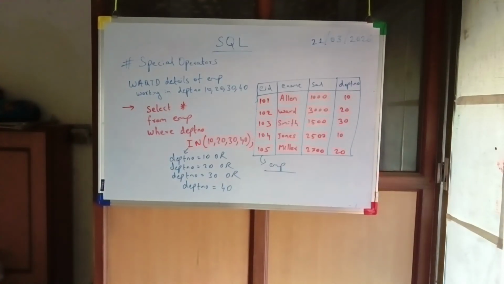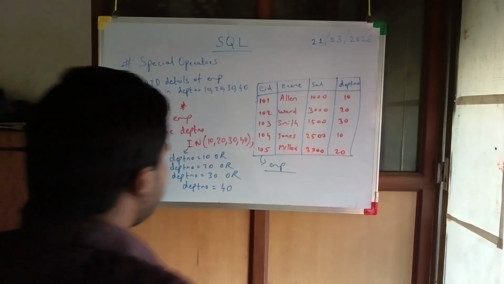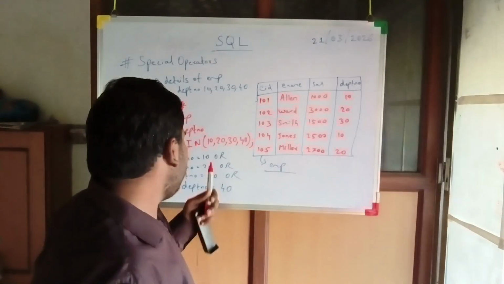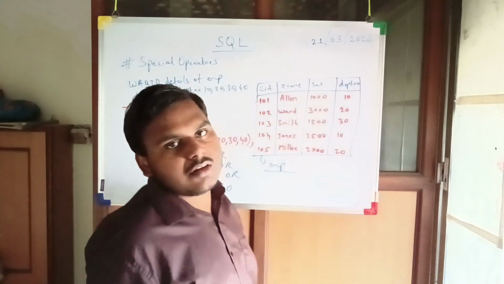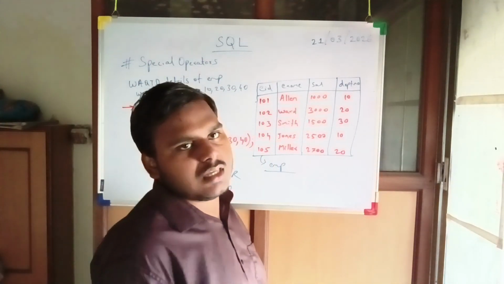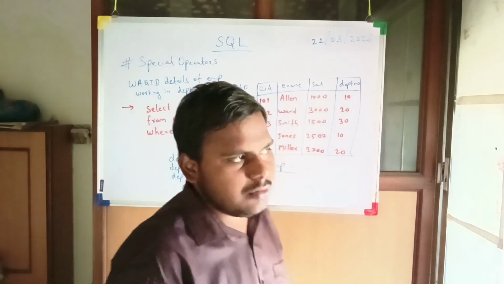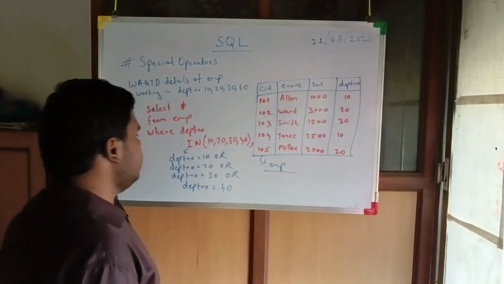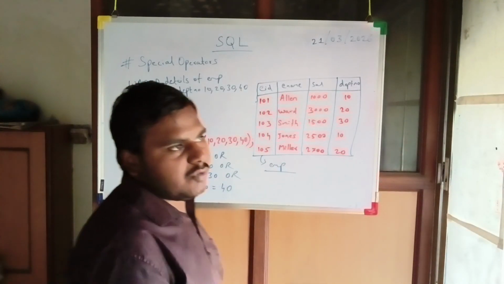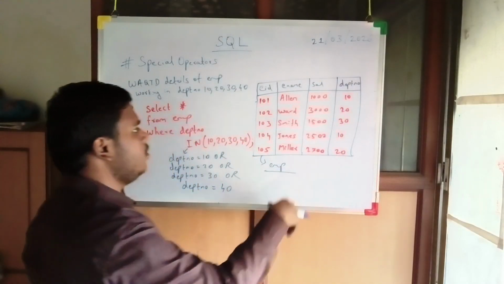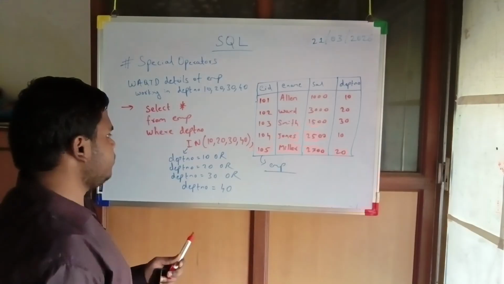We have reduced the query length, but internally it works like an OR operator. I don't need to teach you about the OR operator again because you know its behavior: even if a single condition is true, the record will get selected. So for the first record, the department 10 condition is true, the others are false, but one condition is true, so I get the output. Similarly all records get selected.